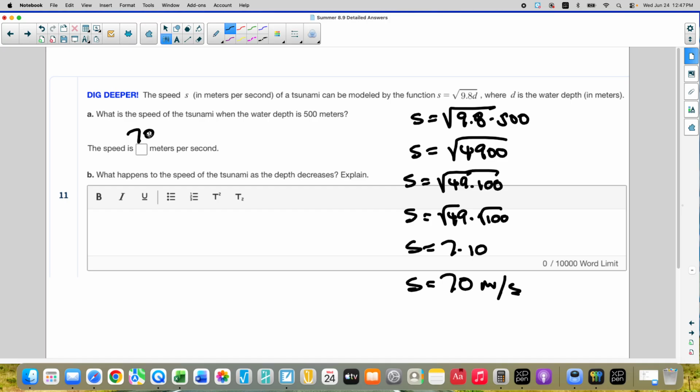Because if you do 1,000, that's just going to make a bigger number in here, and it's going to produce a bigger number out there. So as the depth increases, so does the speed. That's kind of scary.